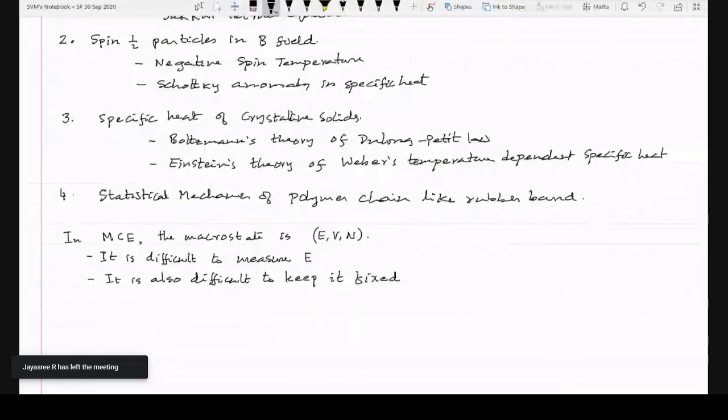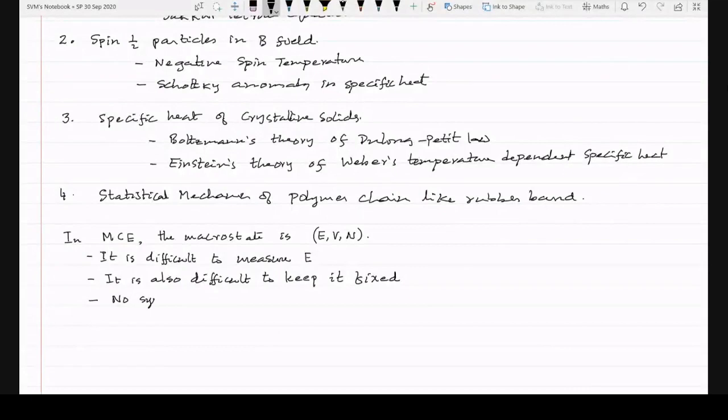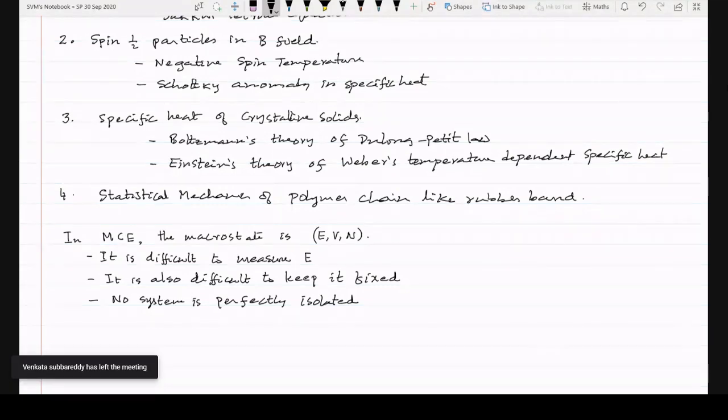And third, no system is perfectly isolated. And whatever interaction it has with its immediate environment, it is very difficult to find out the effects of such interaction.